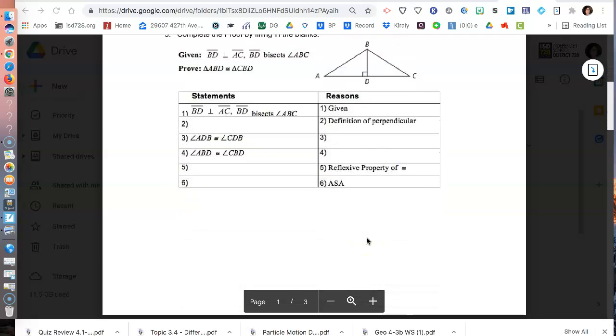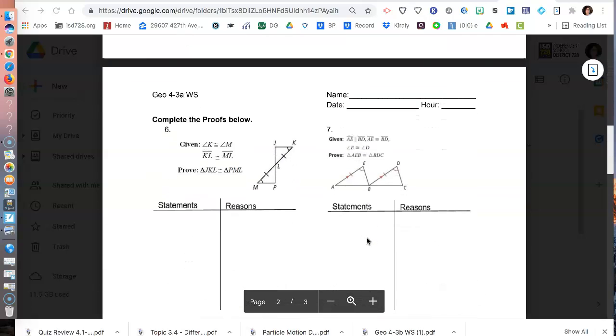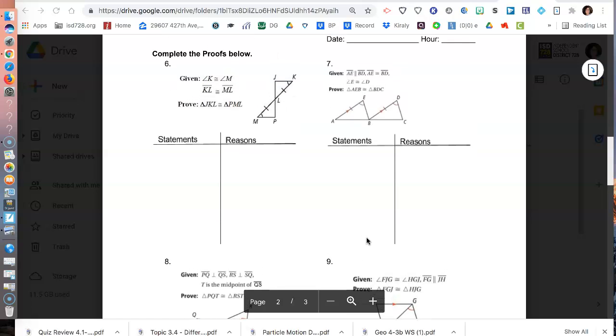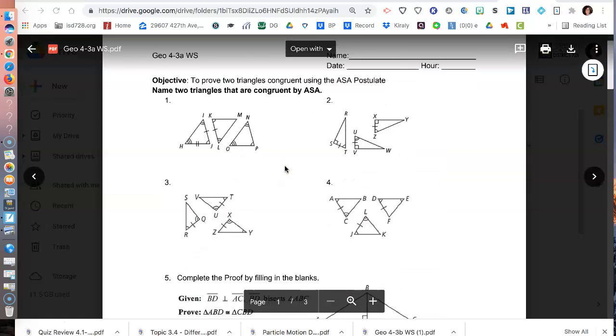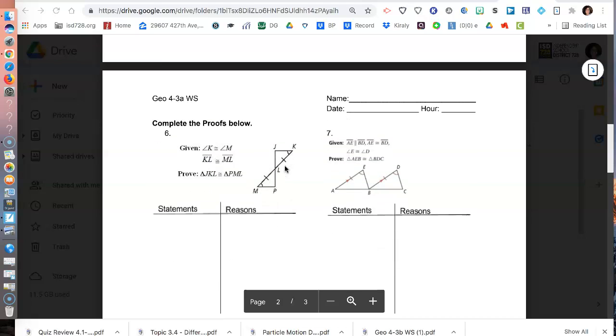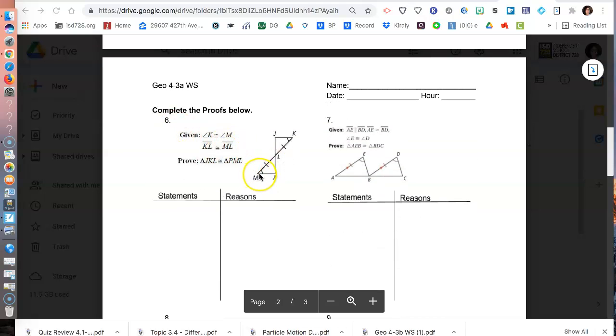This proof was done in the video notes in class, so let's talk about a couple of these other proofs. So our goal is to get the triangles congruent by angle, side, angle. So let's take a look at number 6. We've got one pair of angles marked and one pair of sides marked.